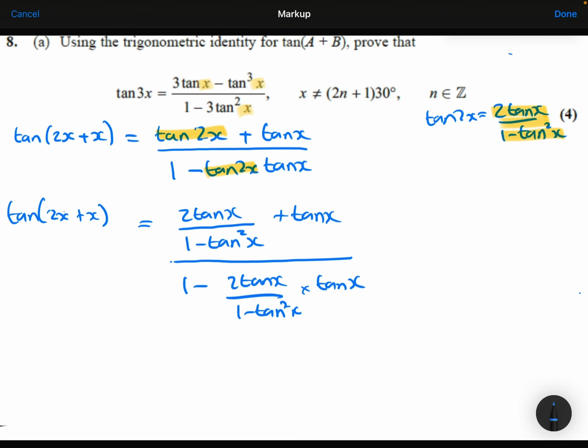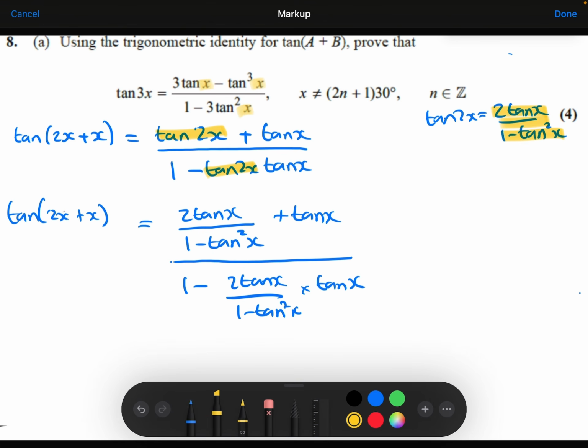Okay, so I've substituted it in. I've now got it only in terms of tan x. There's no tan 2x now. So that's good. But we've got this nested fraction, a fraction within a fraction. So I need to deal with that. I need to get rid of these fractions within this larger fraction.